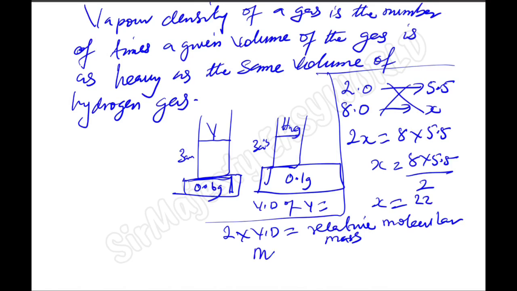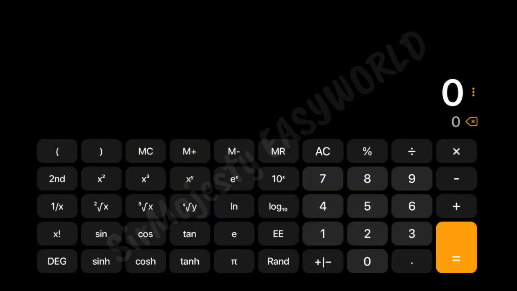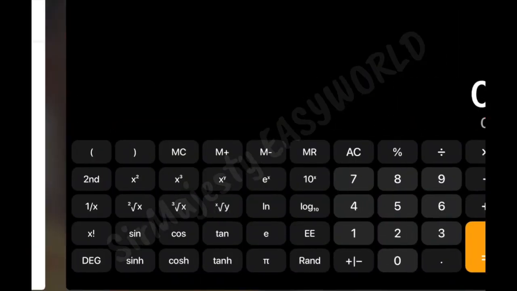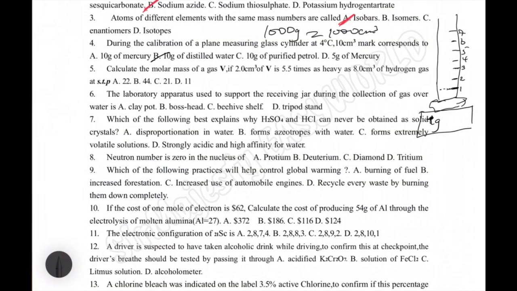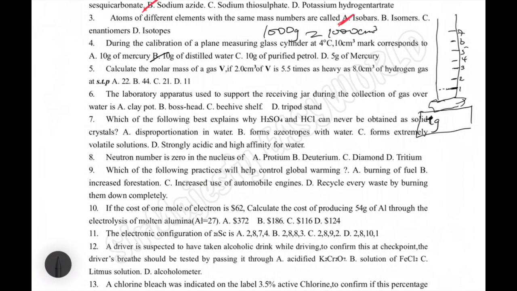Therefore, the molar mass of gas V is equal to 2 times the vapor density, which takes us to 44. So the answer to that question is 44 grams. That is option B over here.